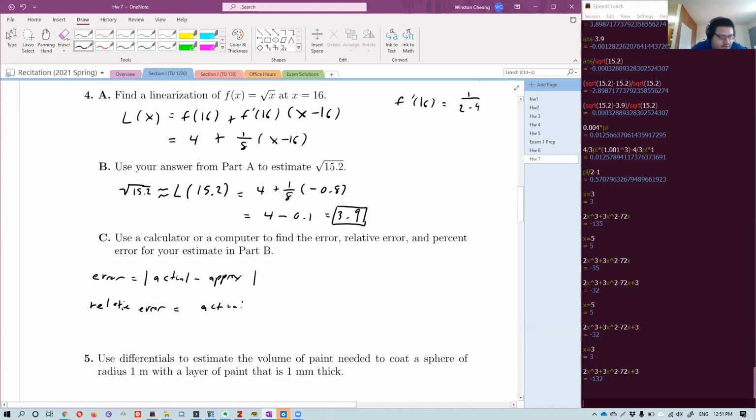Relative error is the actual minus the approximation, divided by the actual, also in absolute values.